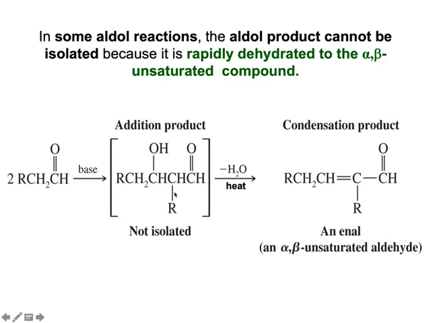The product appears, but this intermediate cannot be isolated because it dehydrates to an alpha beta unsaturated compound. So we heat, and we get the alpha beta unsaturated aldehyde, C double bond O. This one is alpha, this one is beta, forming the alpha beta alkene here.